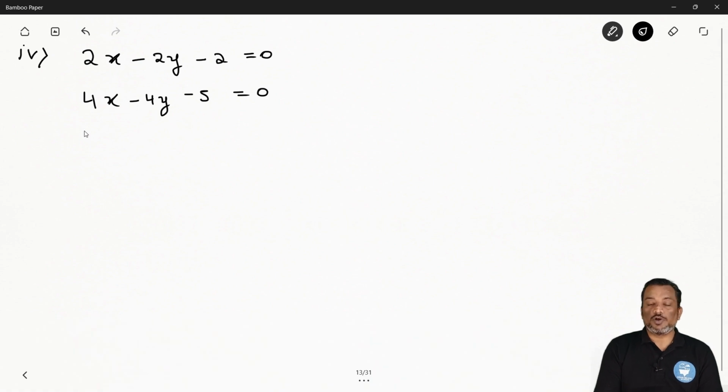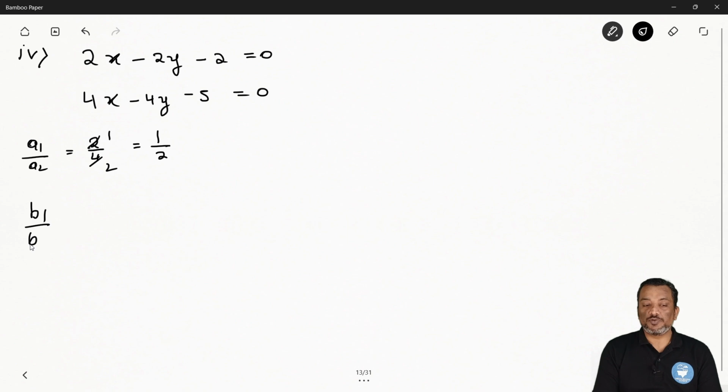Already given in standard form, no need to solve further. So we can say a1 over a2 is given how much? 2 over 4, which means 1 over 2. Same way you can say b1 over b2.